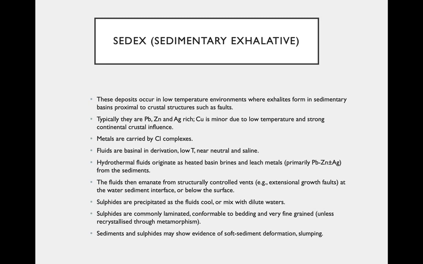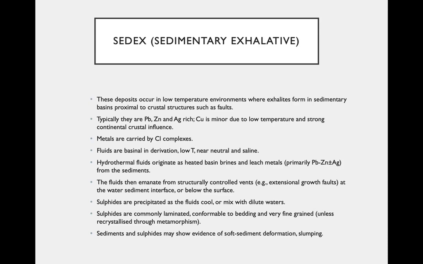So the metals are carried by chlorine complexes. The fluids are predominantly basinal in derivation, so they're low temperature, neutral in pH, and saline. They're heated as the basinal brines move through the sedimentary rocks and leach metals out.